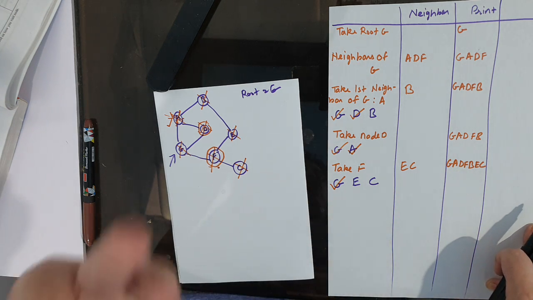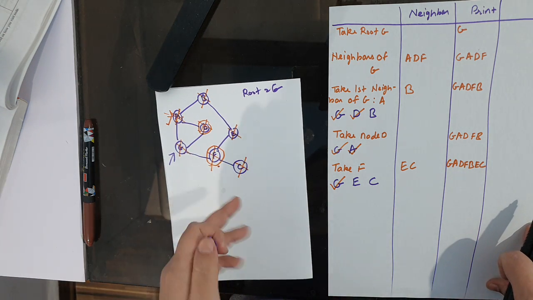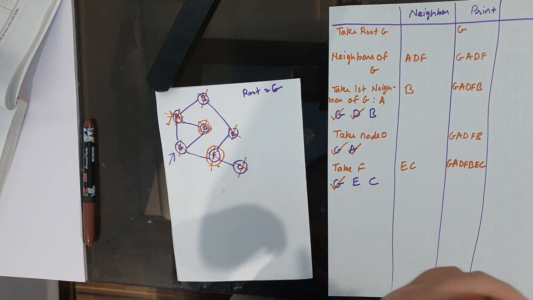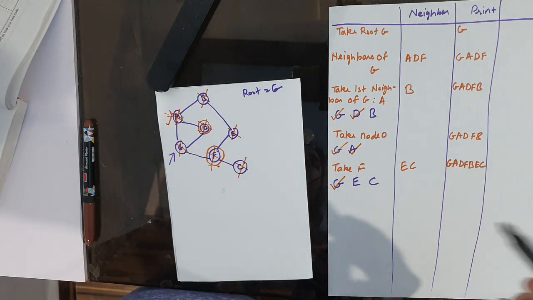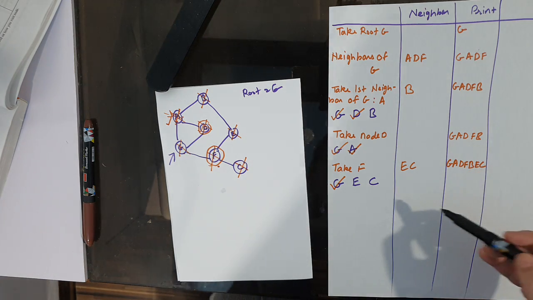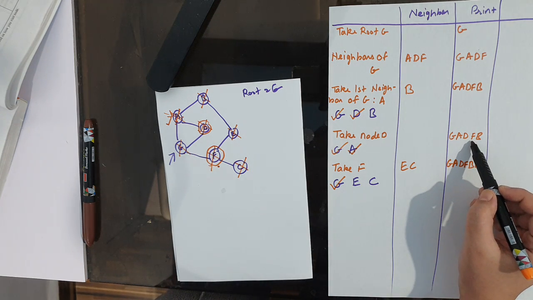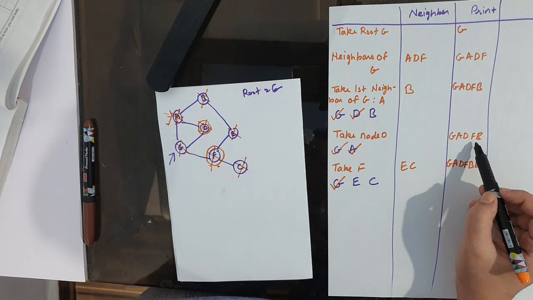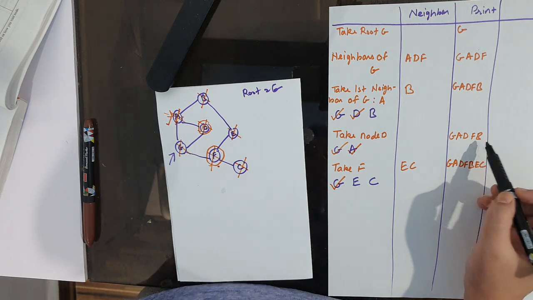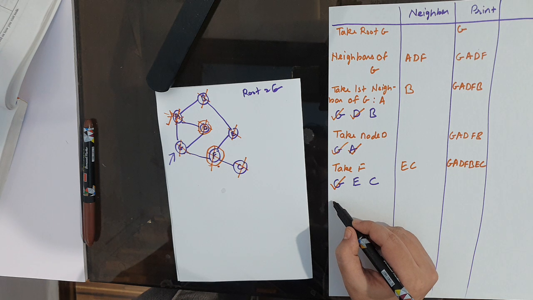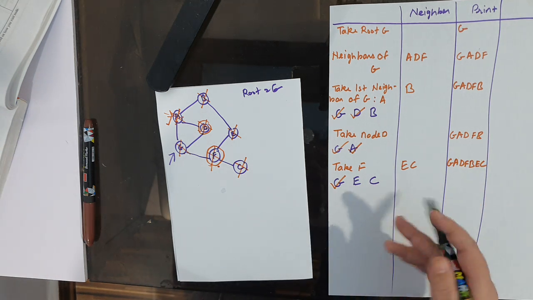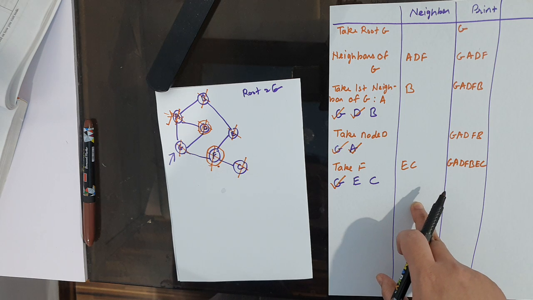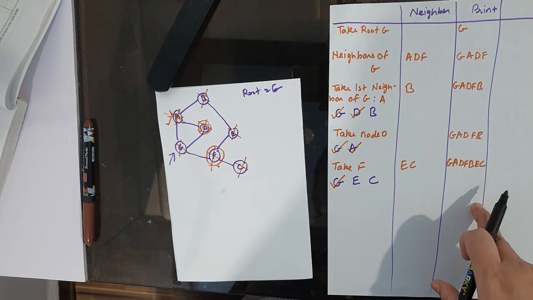Now if suppose any node was not visited, then in that case we would have to go further. Means what? We explored over here till F. So if any node was remaining to be visited, we would continue with B. We would take B over here, explore the neighbors of B, and if we find anything, we'll put it over here and add it to the print list.